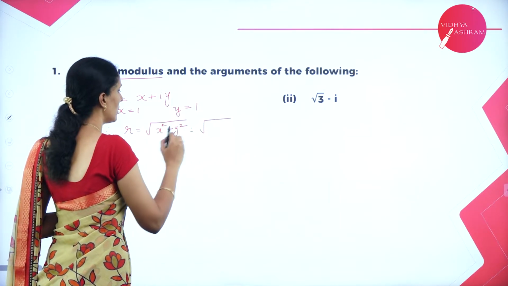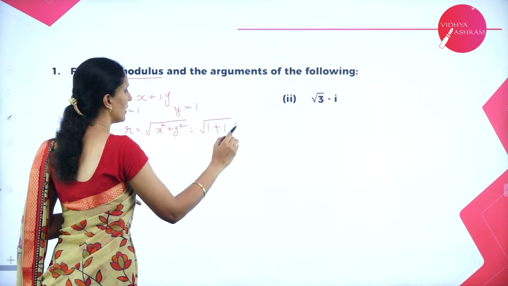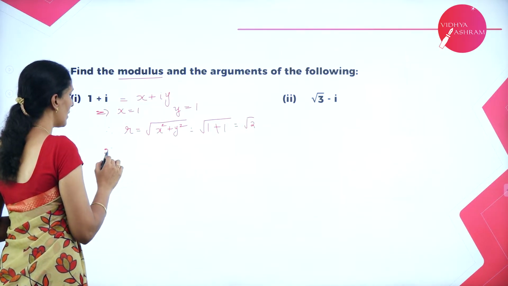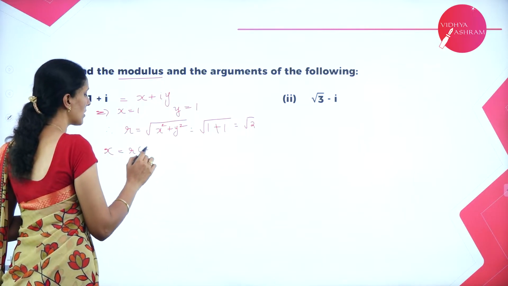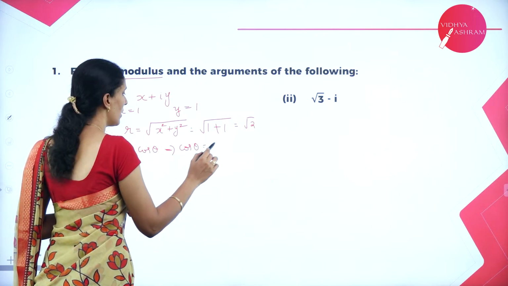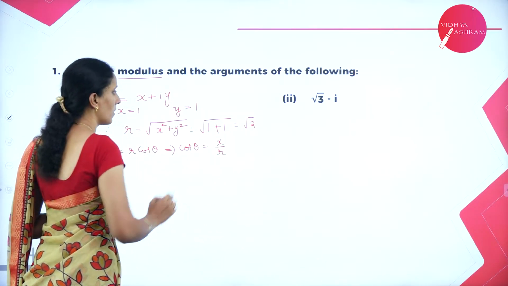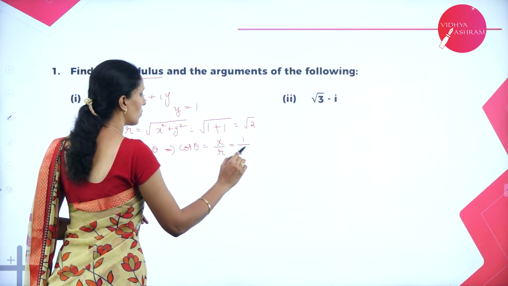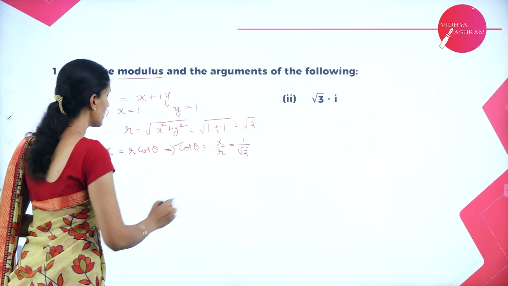So here this is 1 plus 1, which is root 2. Next we have x is equal to r cos theta. So this implies cos theta is equal to x divided by r. What is the value of x here? It is 1 and r is root 2. So cos theta we got is 1 by root 2.